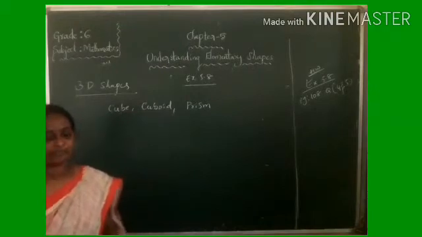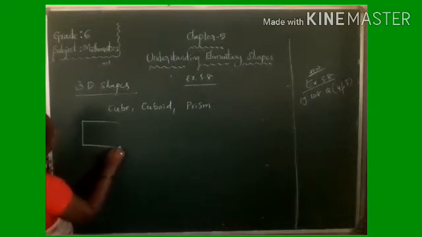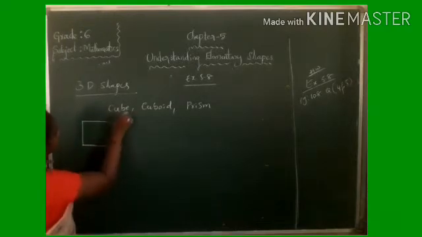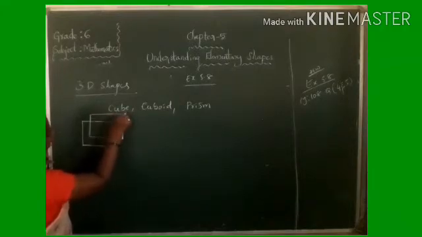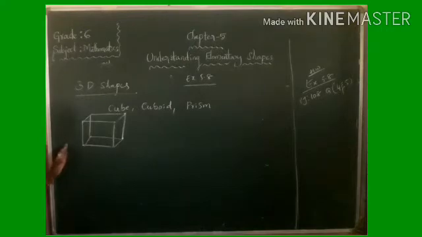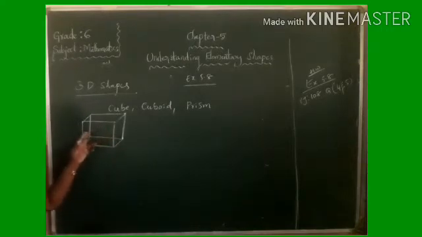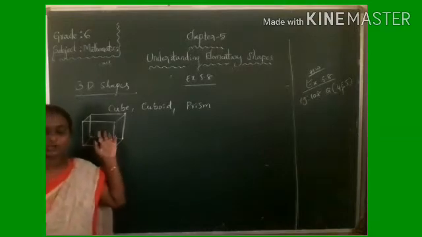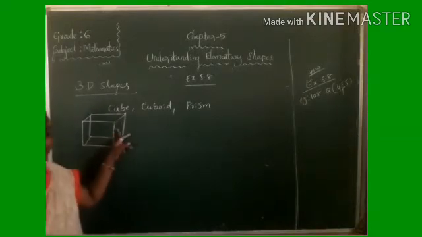Okay, so one by one we will now explain in detail. First of all, cube. Okay children, what is the shape of this one? It is a cube. So how many faces does it contain? How many vertices does it have?